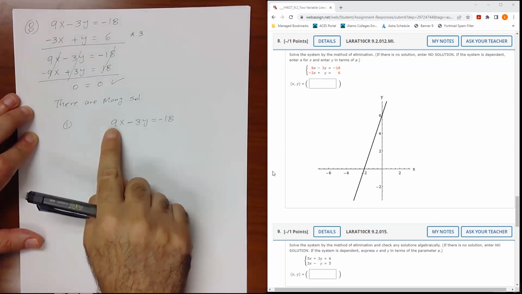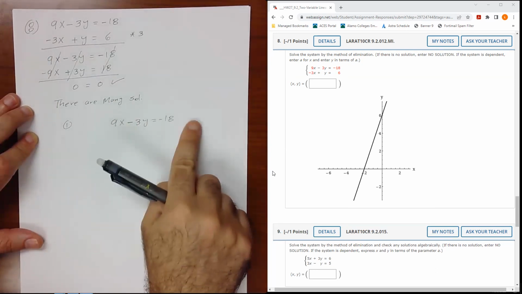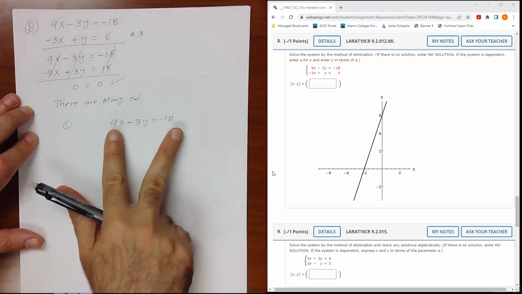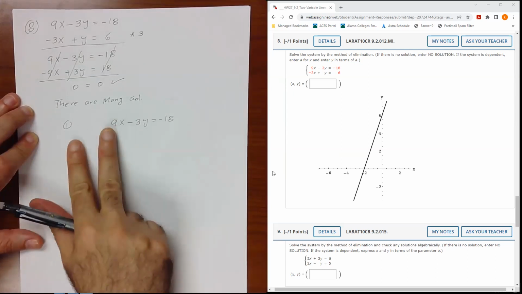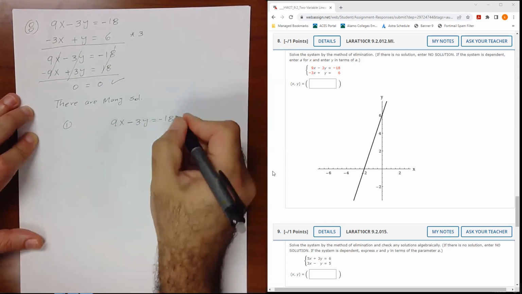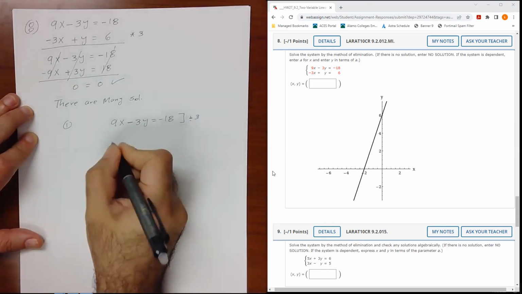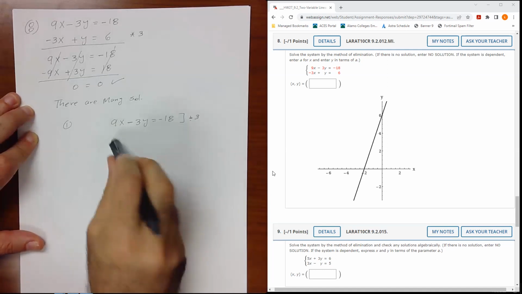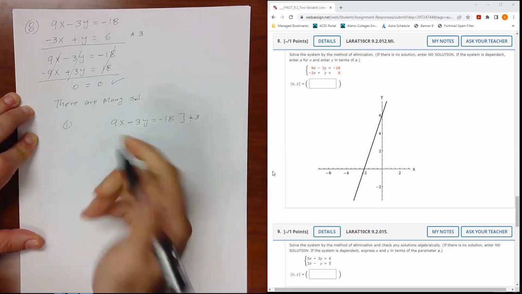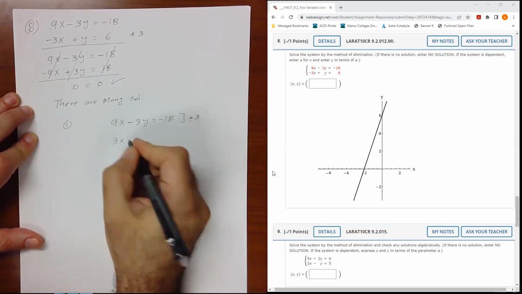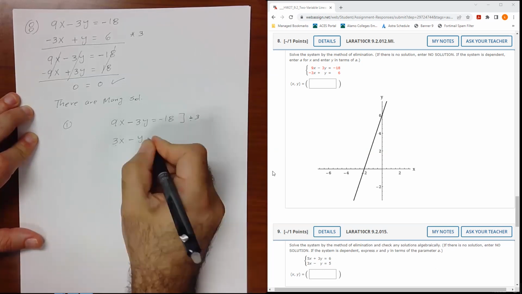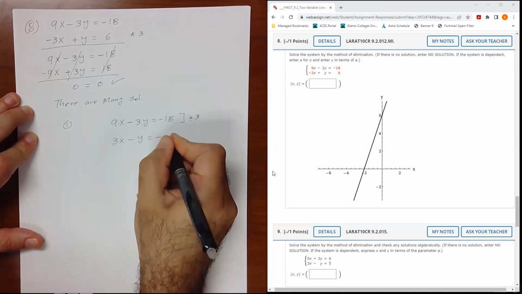So I'm going to move the x to the other side. And before I start, I can divide everything by 3. So it's going to be 3x minus y equals negative 6.